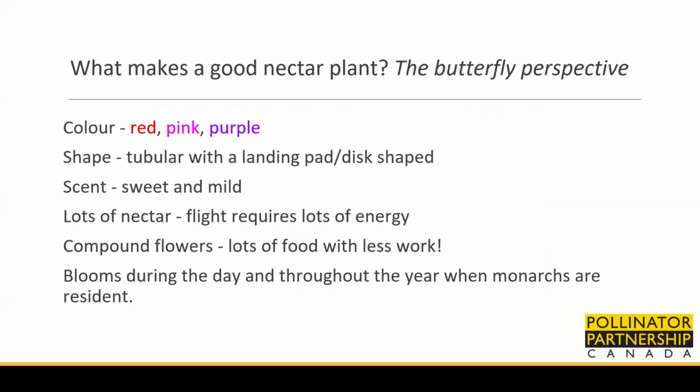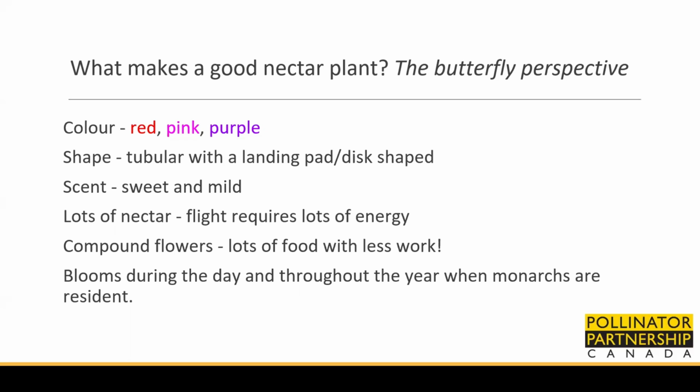More specifically, the overall characteristics of flowers that attract butterflies are flowers that are red, pink, or purple in color, structures that are tubular, as butterflies can access deep nectar with their proboscis. As I just mentioned, a landing pad or a disc-shaped flower that can be landed on because butterflies can't hover.